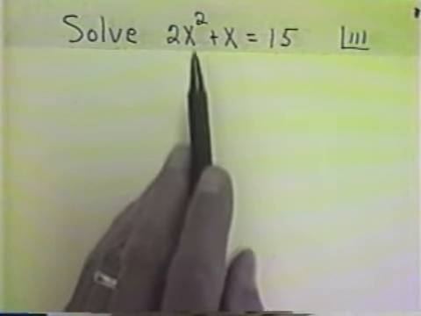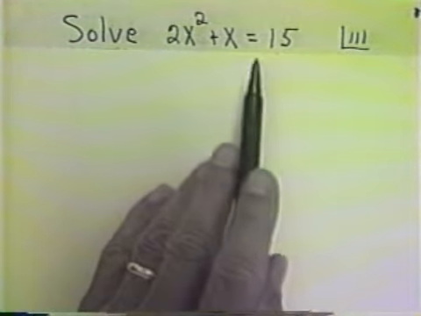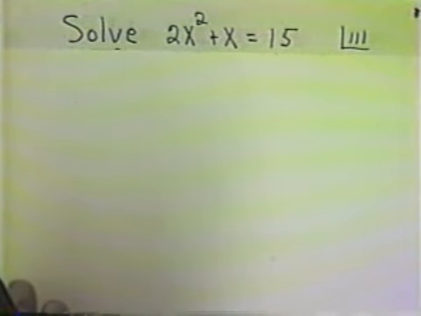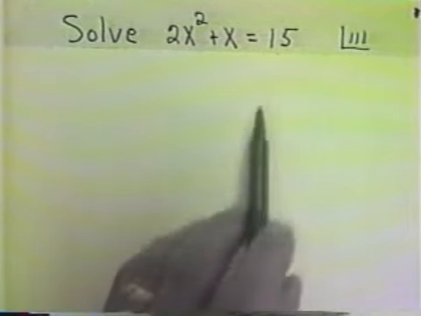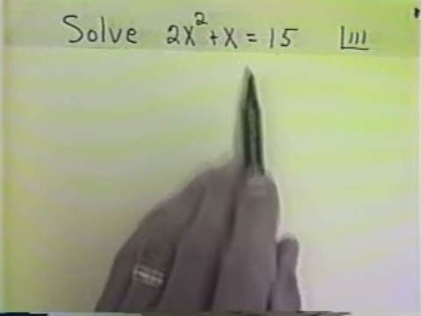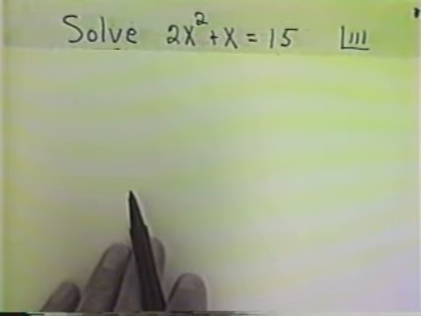Now to solve 2x squared plus x is equal to 15, my first step is to put the equation in standard form. Standard form is when the right member is 0 and the left member is in descending order.